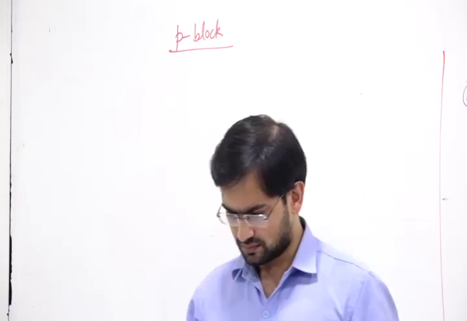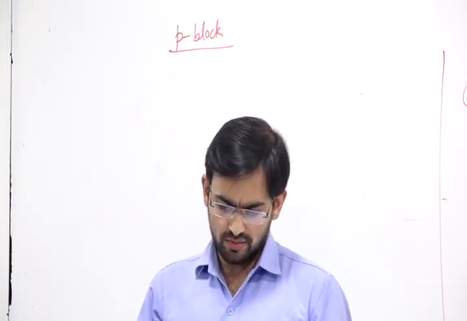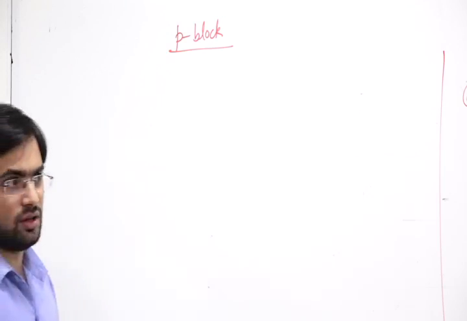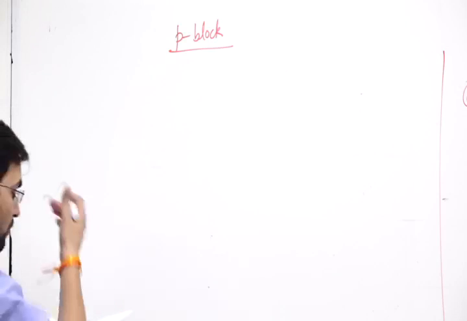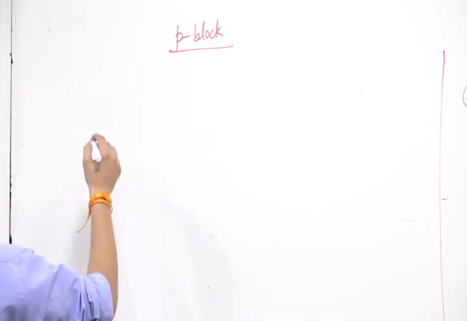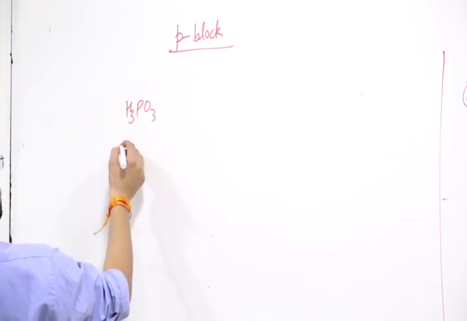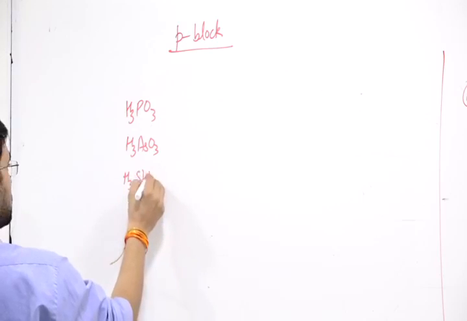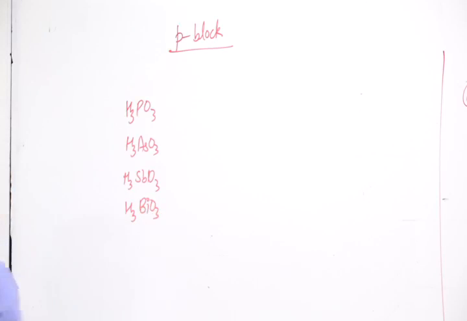Question number 13. Which of the following is basic in nature? So what happens is, H3PO3, as we know, is acidic because it's a phosphorus acid. Now what happens is, if you arrange them group-wise, then arsenic, antimony and bismuth.